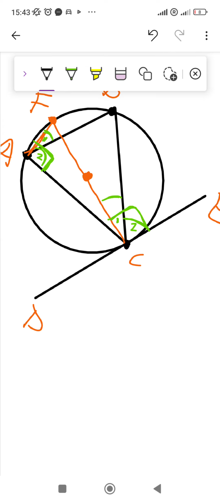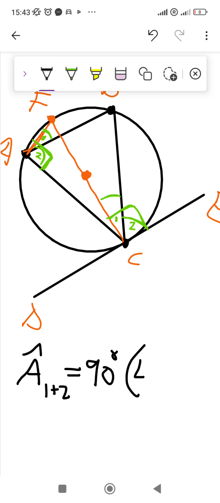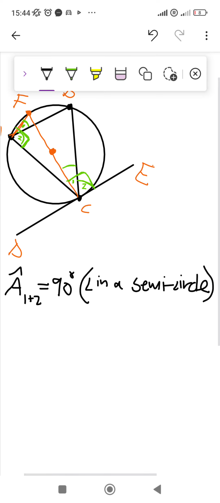Okay, so we are going to start by saying that angle A, let's say A1 and A2, A1 plus A2 is equal to 90 degrees. Your reason for that: angle in a semicircle. And then you're going to tell me that C1 and C2 is equal to 90 degrees as well.